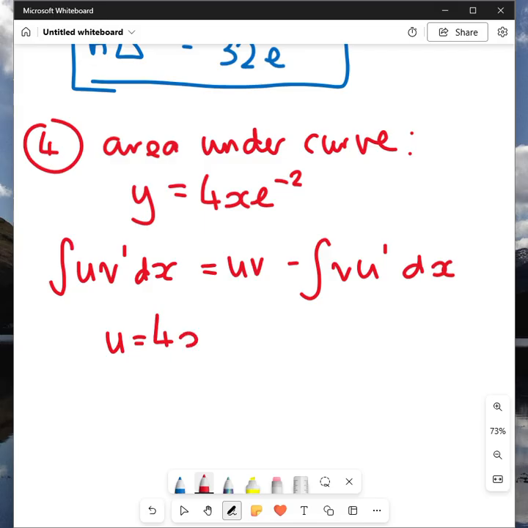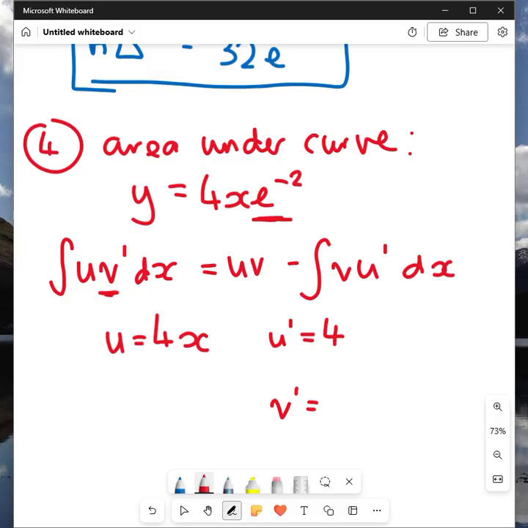I like to list them out so I don't get confused. So u is 4x, and then I might as well find u dash while I'm here. That's 4. Don't get confused, because I know we did stuff with u's and v's before. These are different u's and v's now for the integration and differentiation. Now v dash is e to the minus 2x.